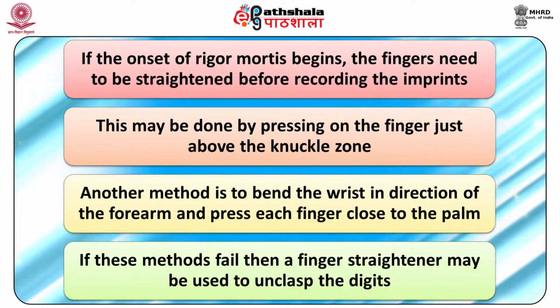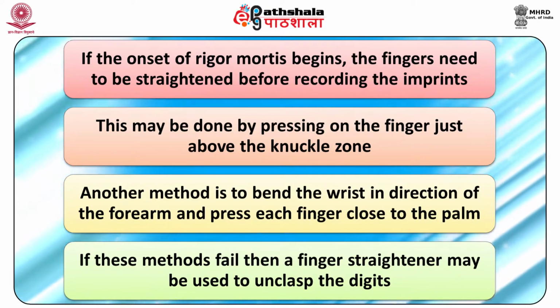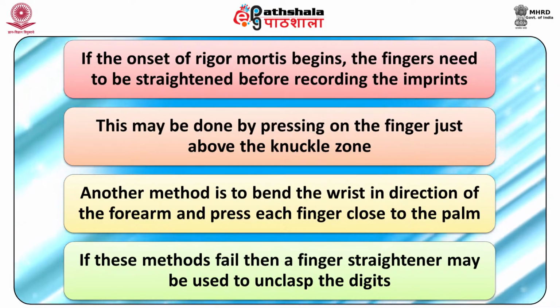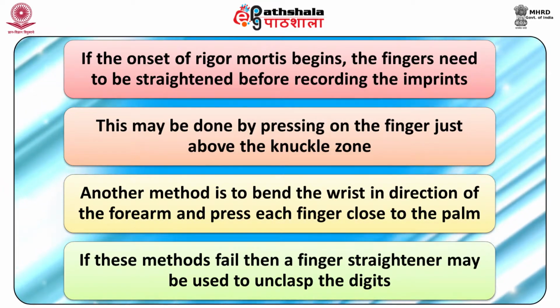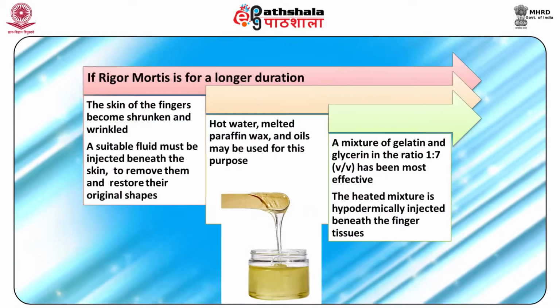Another method is to bend the wrist in the direction of the forearm and press each finger close to the palm. If these methods fail, then a finger straightener may be used to unclasp the digits.